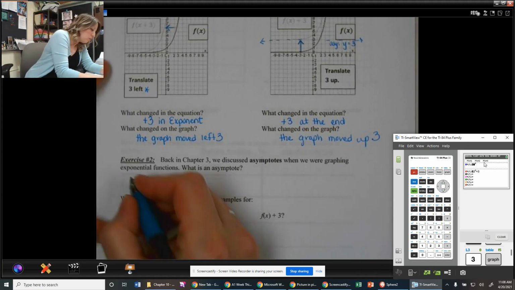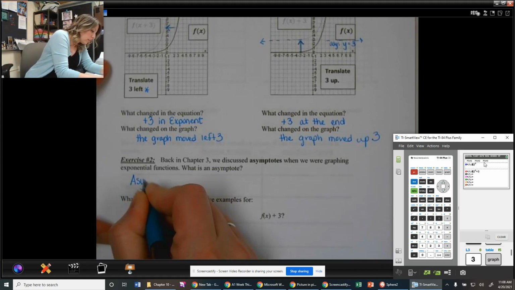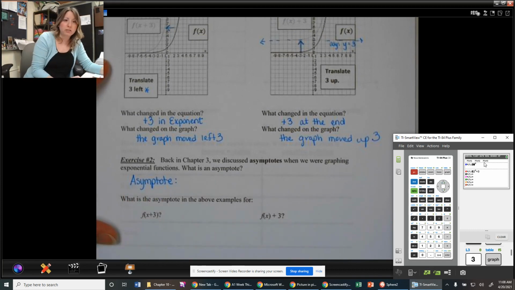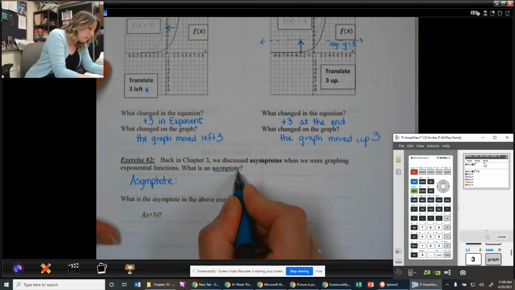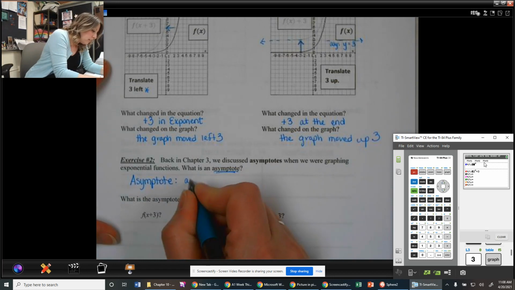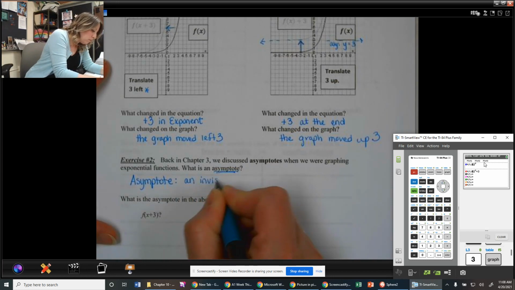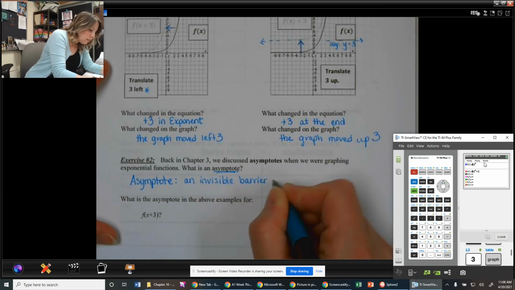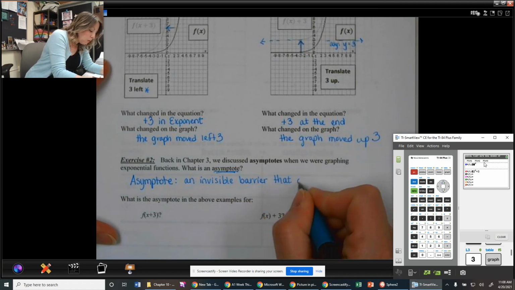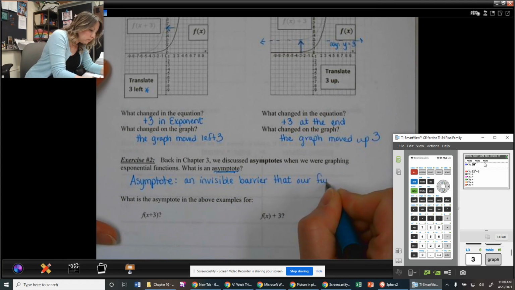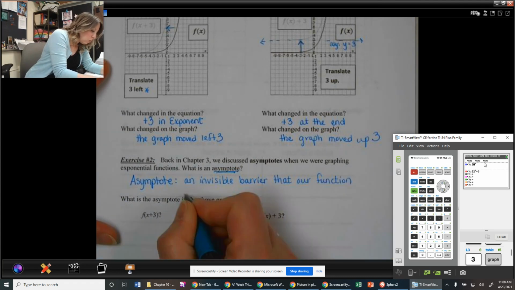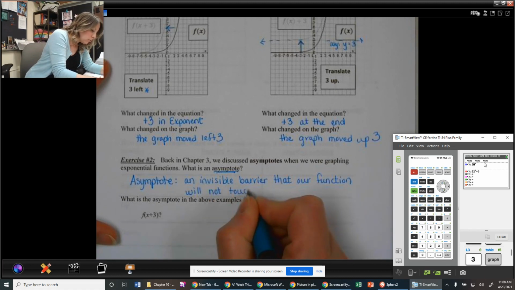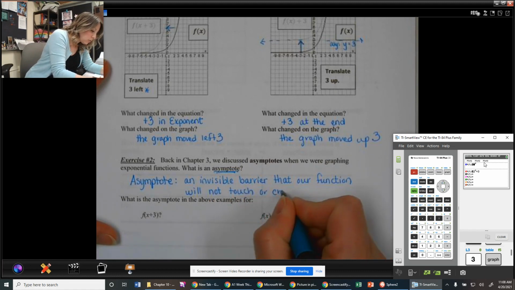Okay? And when we discussed asymptotes back in the very beginning of this chapter, we said that an asymptote, and spell it correctly because it is on our paper enough places, asymptote, right? What is an asymptote? An invisible barrier that our function will not touch or cross.